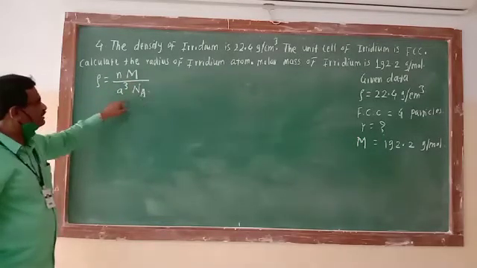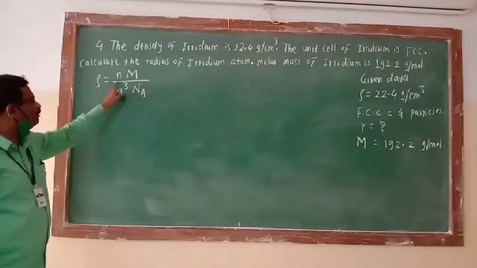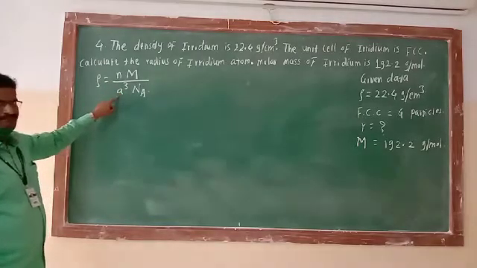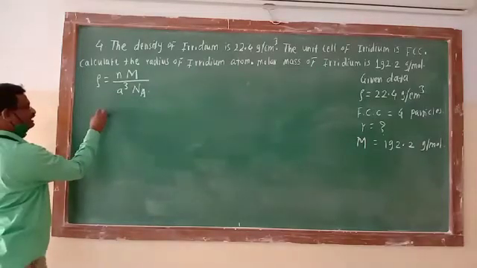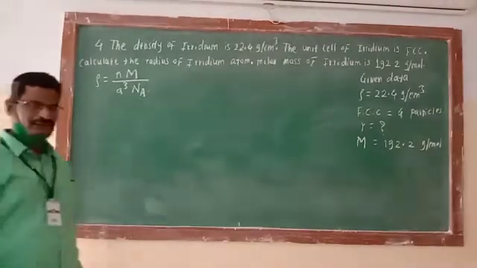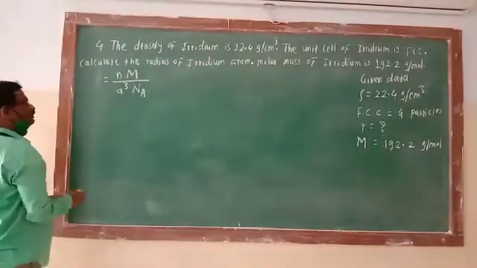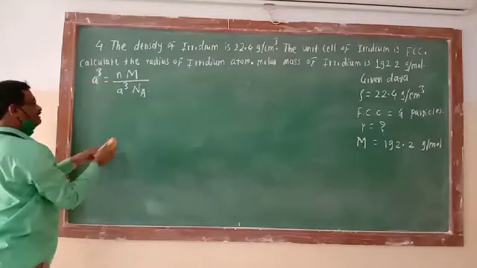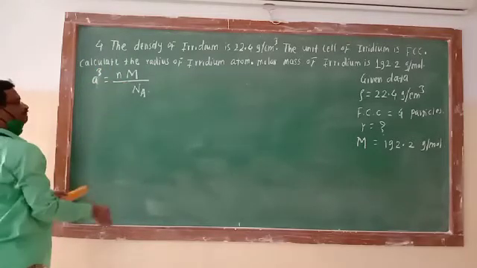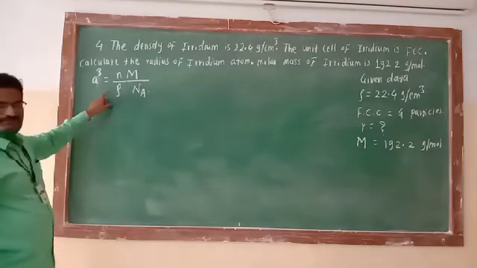Using this equation, we can find out the value of a, because this equation can also be written like this: if we take a cube over here and rho can be shifted over here.